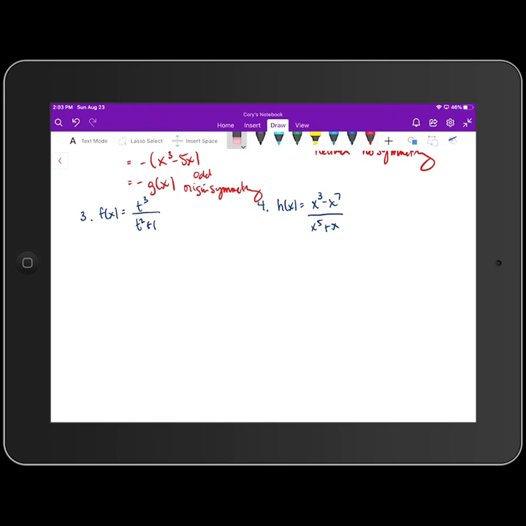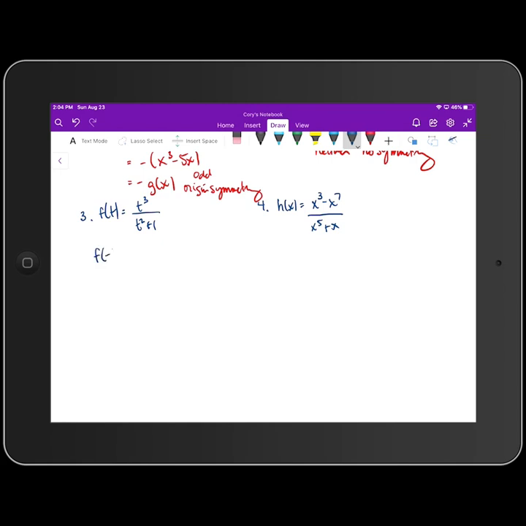Okay, so I already saw a simple mistake that I made. It's not a big deal, but this should be f of t, not f of x. So f of t is equal to t cubed divided by t squared plus 1. We're going to test to see if the function is even, odd, or neither.